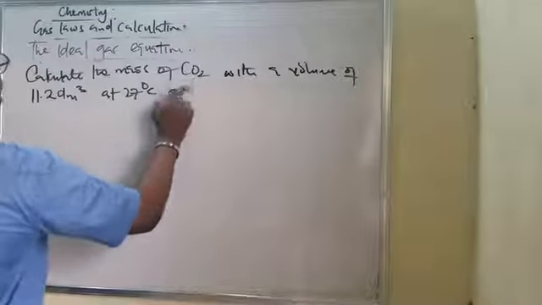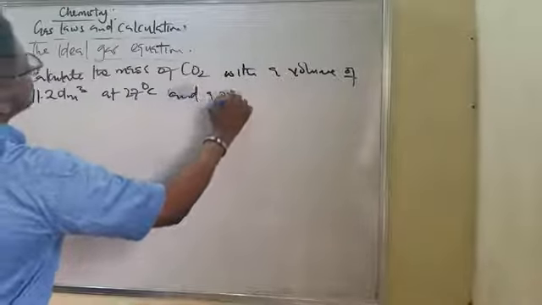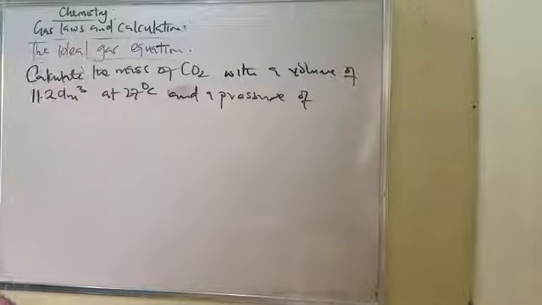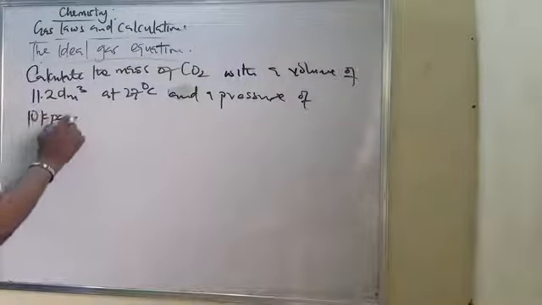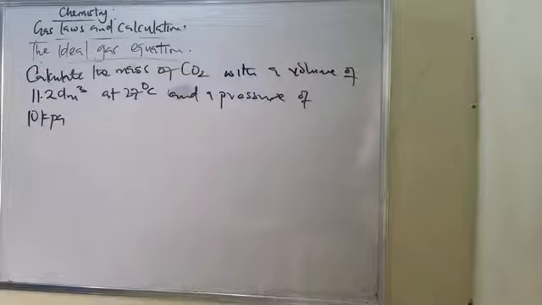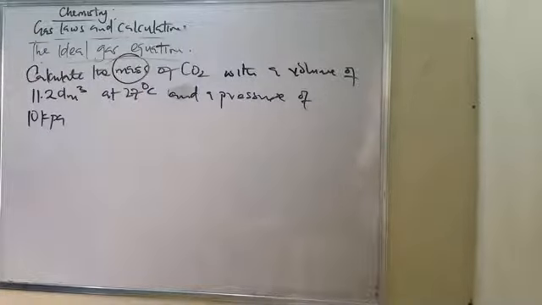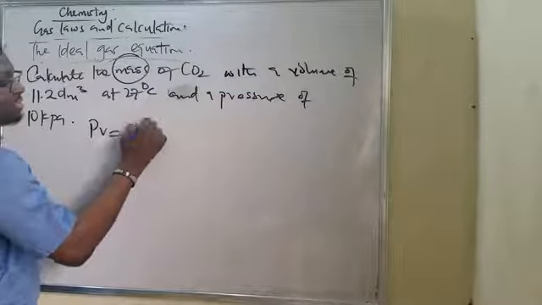and a pressure of 10 kilopascal. Okay, all right. So now you are told to calculate mass, but our formula is PV is equals to nRT.